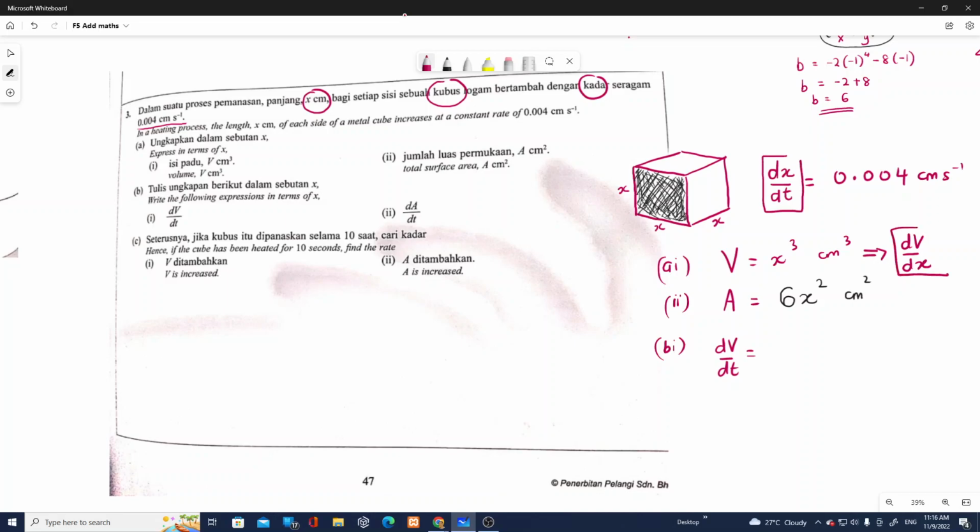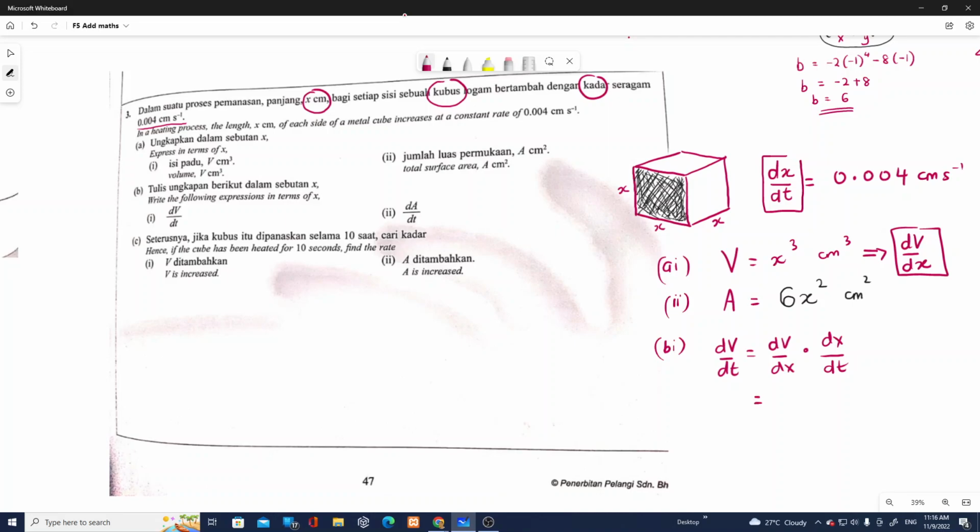Menggunakan dua ini kita boleh bentuk petua rantai, iaitu dV per dx darab dx per dt. Faham ke tak faham?